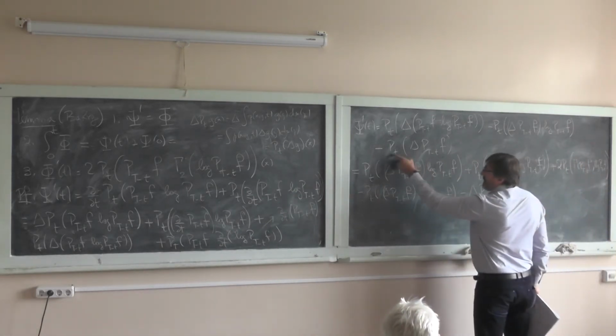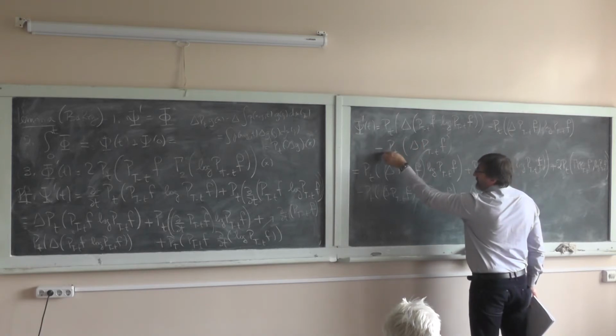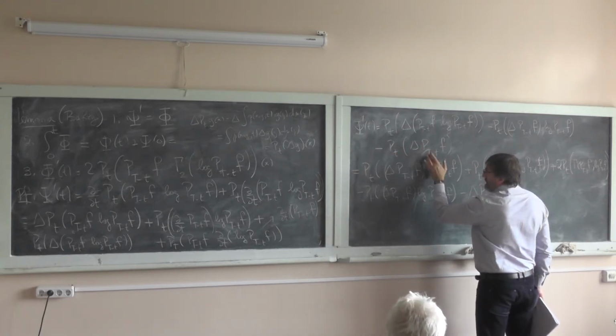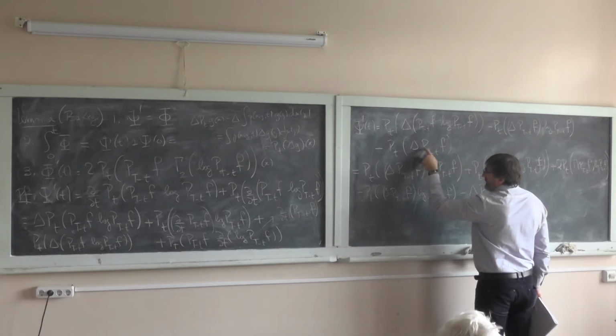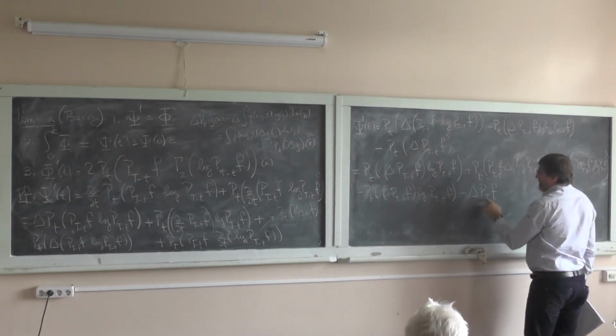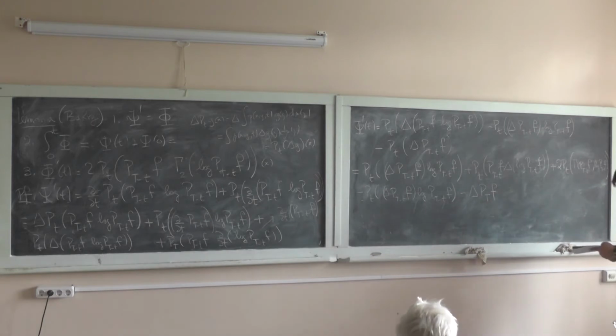Because these two commute, so this comes out, and then I have the semigroup p little t composed with p capital T minus little t, that just gives me p capital T f. Okay?